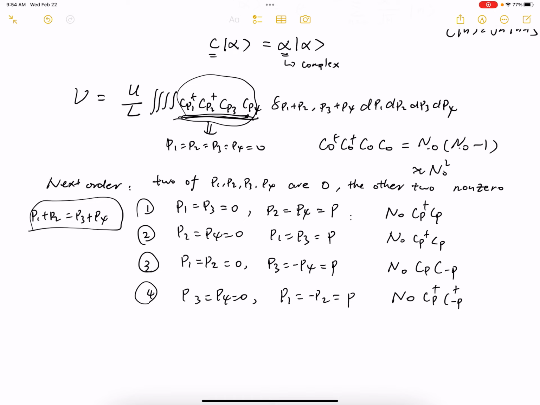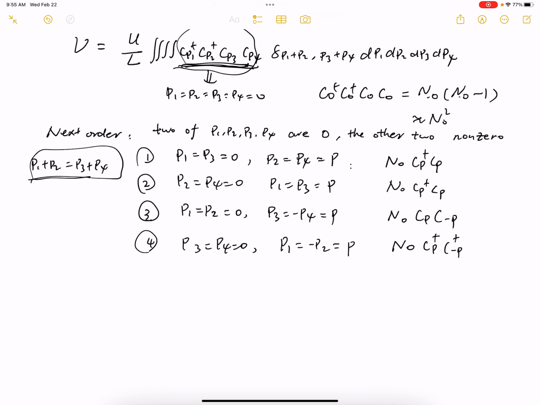So there are basically these 4 cases. Because you want 2 of them to be 0, but you also want momentum conservation, these 4 are the only possibility. Can you think about a 5th one? I don't think so. It's just how you play around with this.